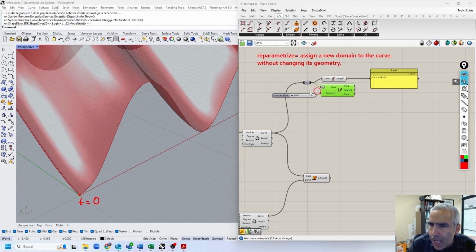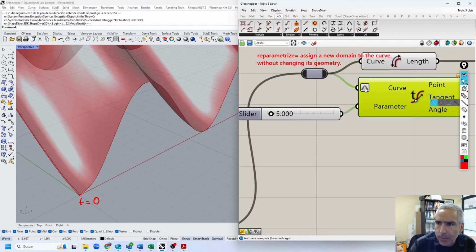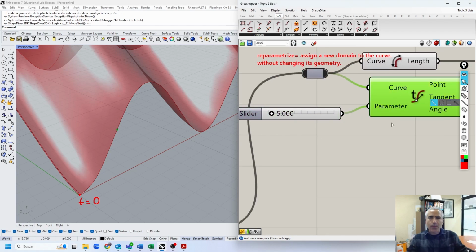And then I think we had number 5 here, so let's do 5. Oh, sorry, this is without the reparametrized curve. So this will be t equals 5, and that's over here, without the reparametrization.